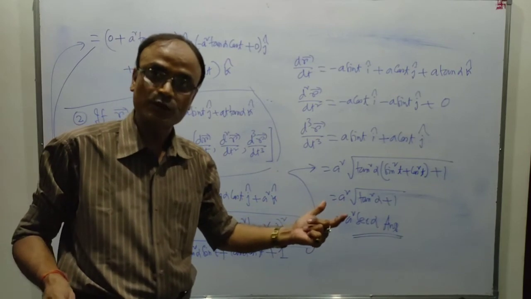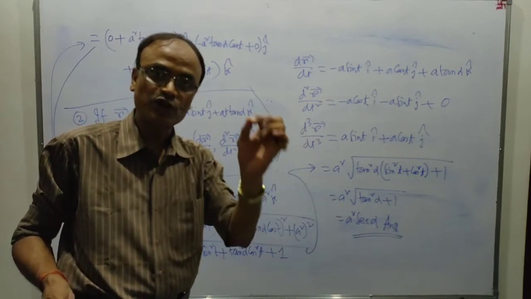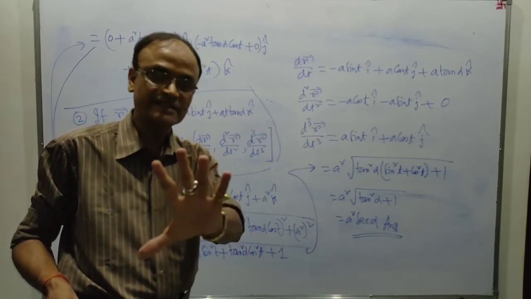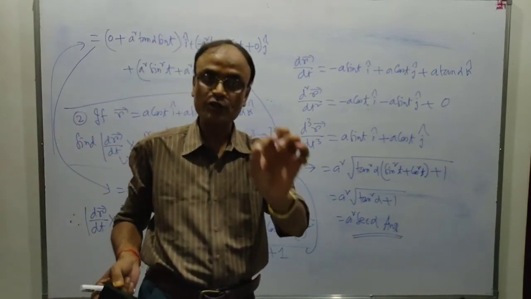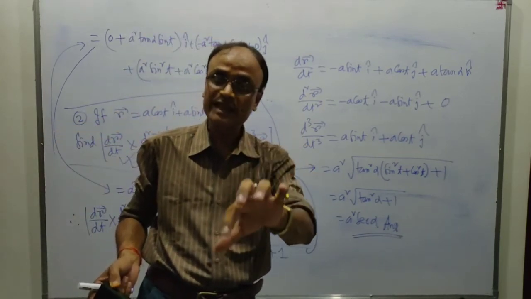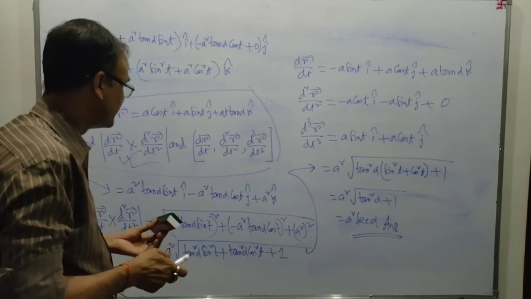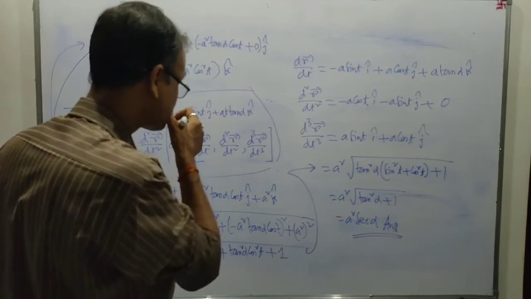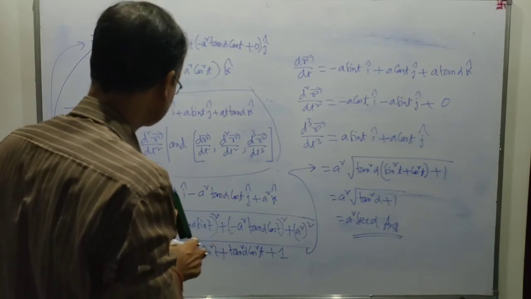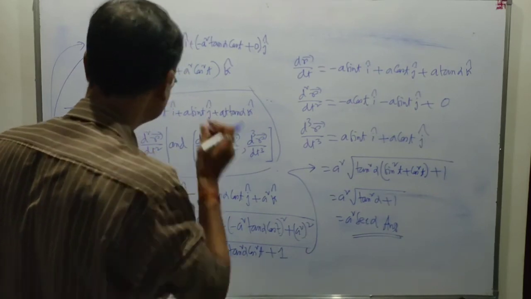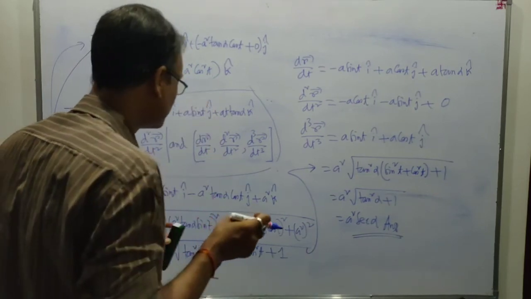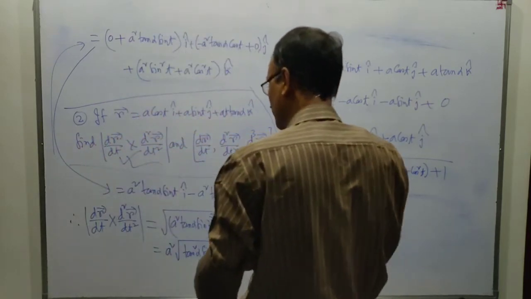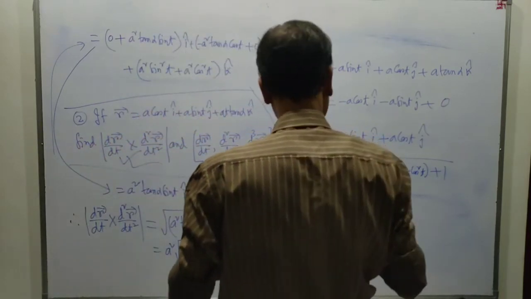And in a scalar triple product, position of dot and cross can be interchanged.